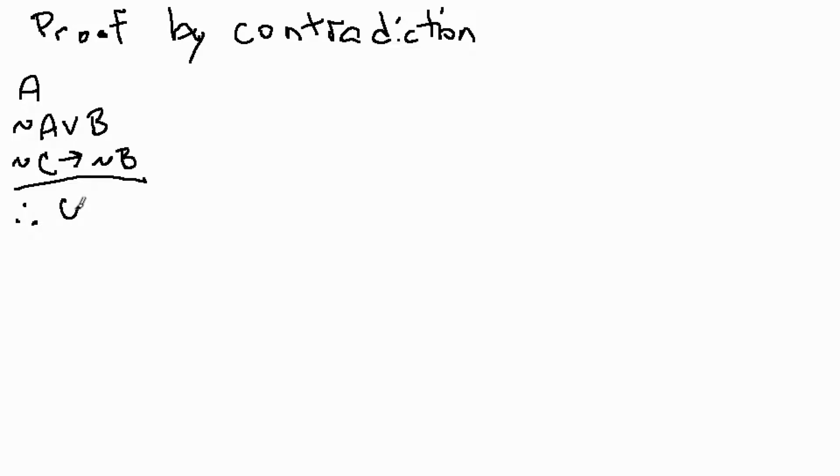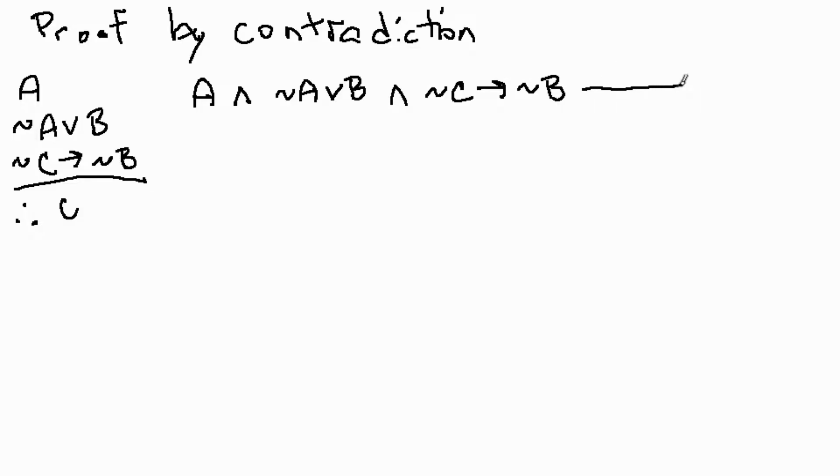And we're trying to prove that this implies C. Now remember, we said that this can be written as one very big implication. And over here, we have A, and here's the big implication over here.